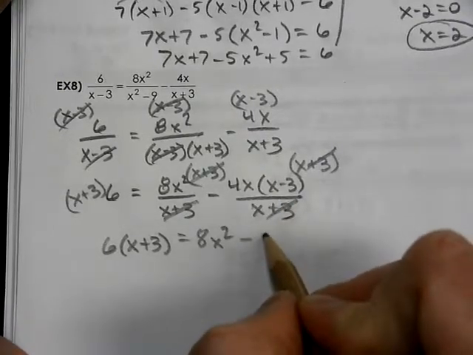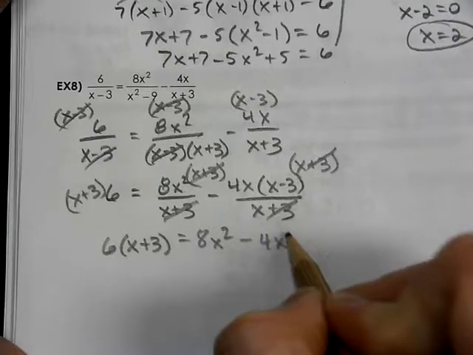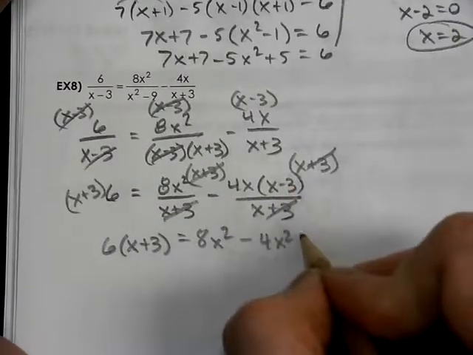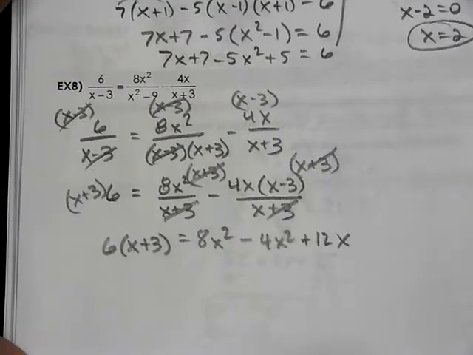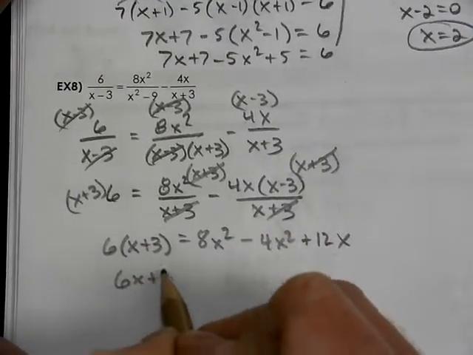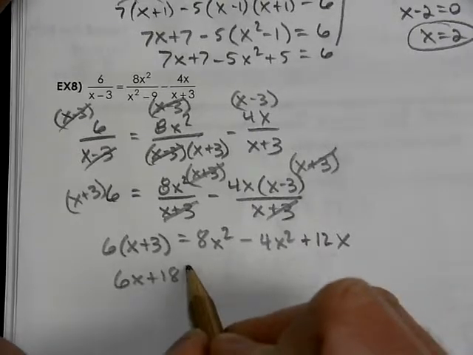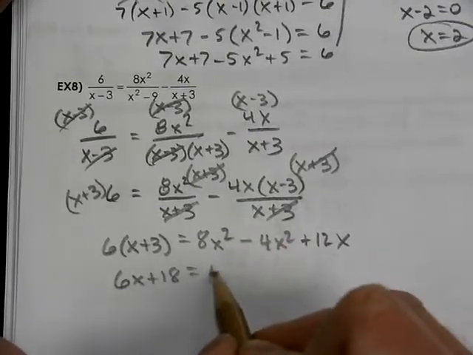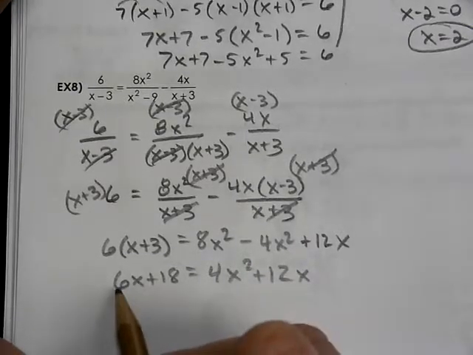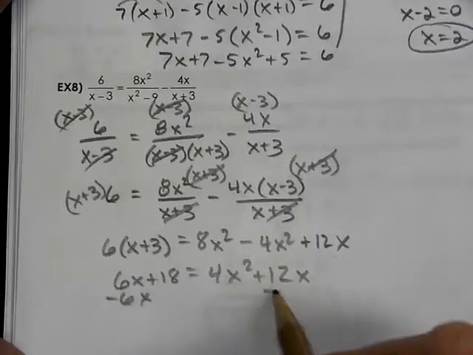Distribute this through there to get a negative 4x squared. Negative 4 times a negative 3 gives me a positive 12x. This would be 6x plus 18. Collect my like terms to give me 4x squared. Subtract my 6 across.